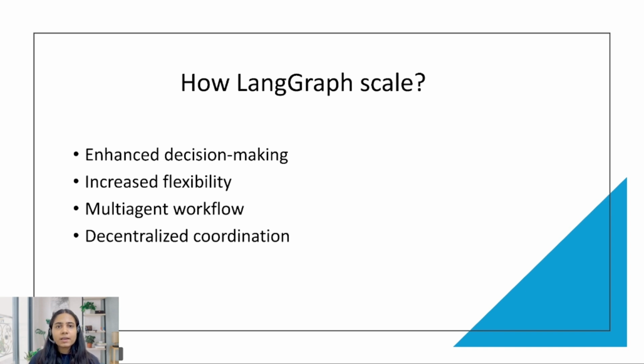Then decentralized coordination. Instead of one giant agent trying to do everything, each agent handles its own piece of work and manages its own state. They don't need to bother about everything at a time, so they can handle their own piece or their own states. So there is no single bottleneck coordinating every decision, because they are performing their own task.